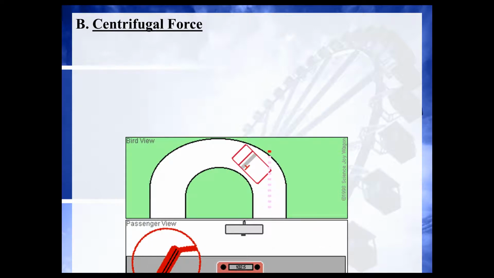As I make my turn, it seems like there is some kind of force acting on the tape and pushing it towards the right. While the rest of the car is turning around, that force seems like it's trying to get the tape to escape the circle. So that's what we call a centrifugal force.